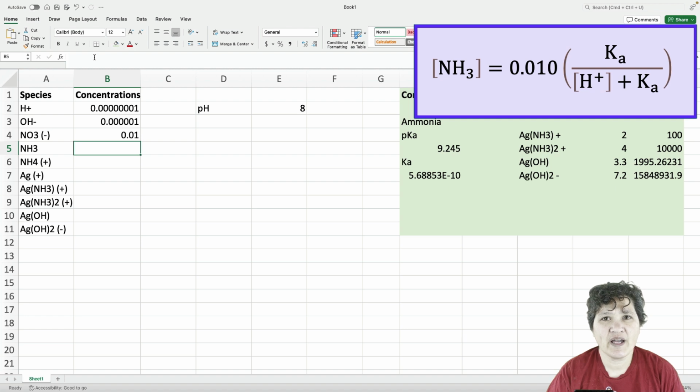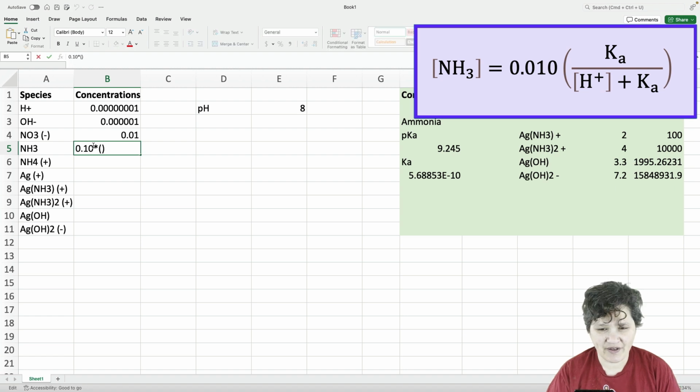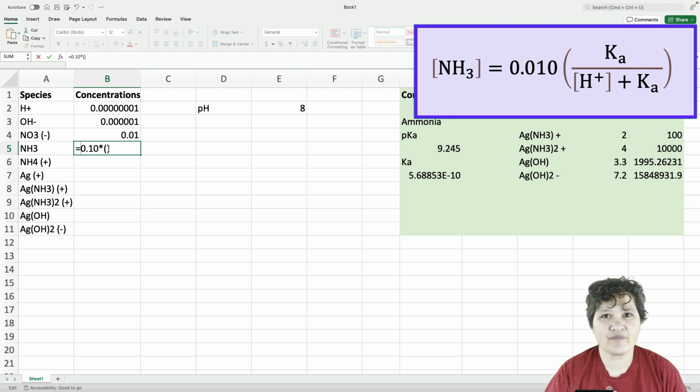For NH3, we have to use the formula we came up with for our total concentration and our fractional composition. So this is going to be 0.10 times Ka, so I'm going to click on our Ka cell. Whoops, classic mistake. It's not letting me click on the cell because I forgot to start with an equals, so it doesn't realize I've tried to write a formula.